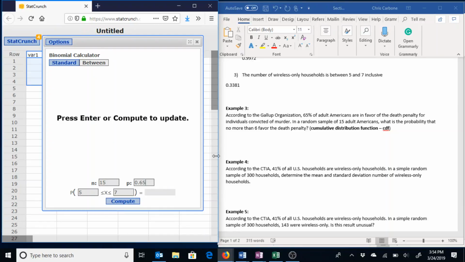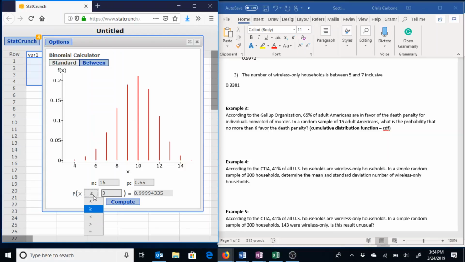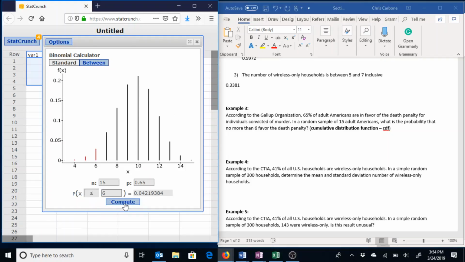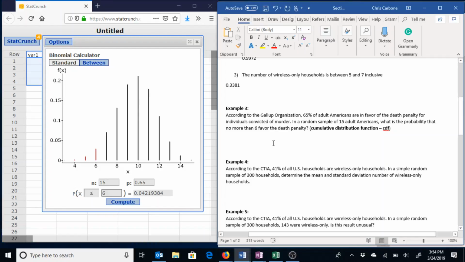And we want no more than 6. So let me change this back. No more than 6, so less than or equal to 6. Throwing that into StatCrunch, we will get a value for this cumulative probability of 0.0422.